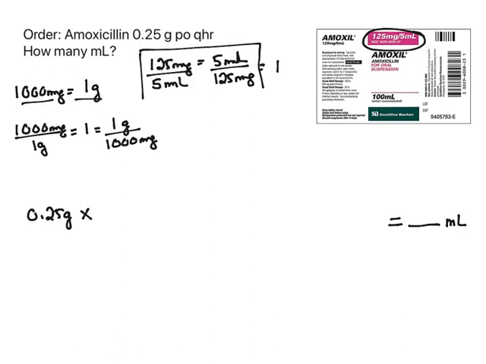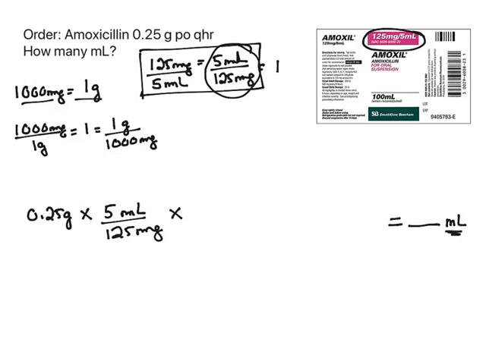So I'm going to start with these. And I'm going to decide I have mils that I need and I want them on the top. And therefore, I'm going to choose this one. And I'm going to multiply by 5 mils over 125 milligrams. But I see that I'm not able to cancel any of my units yet.